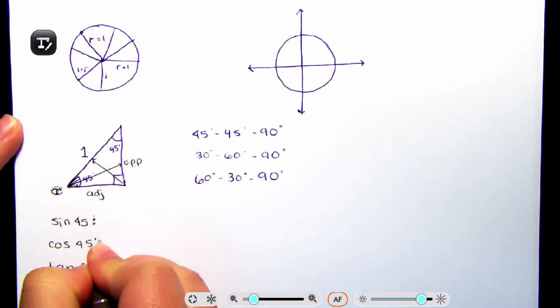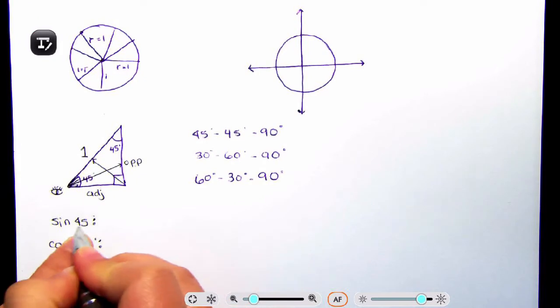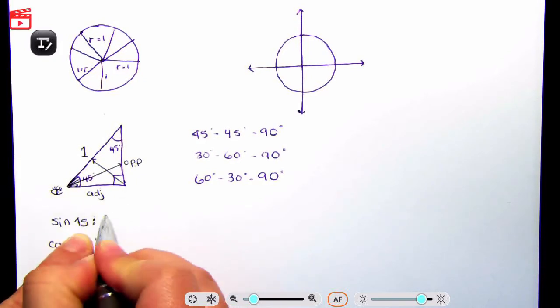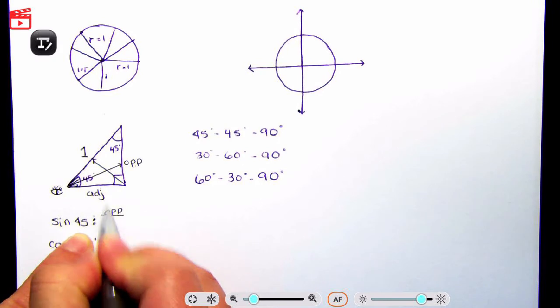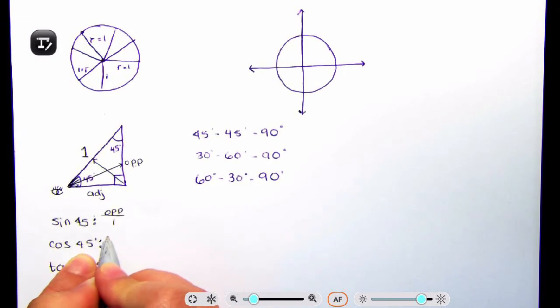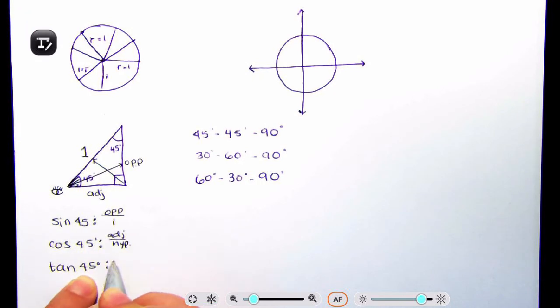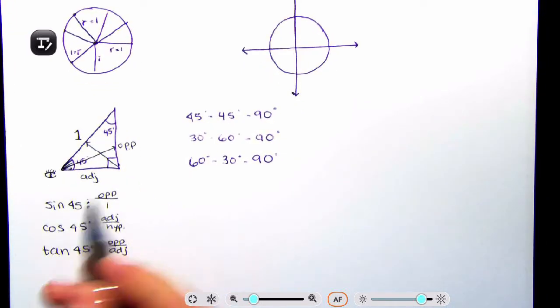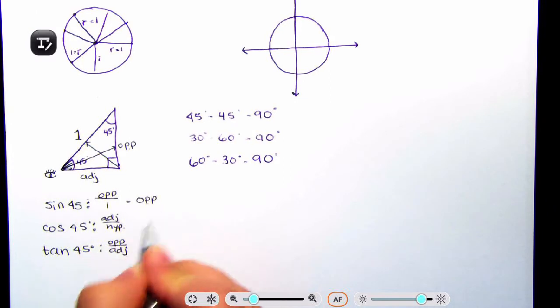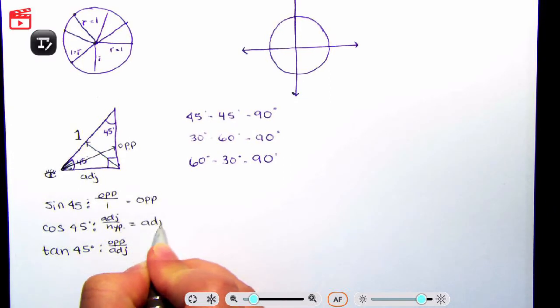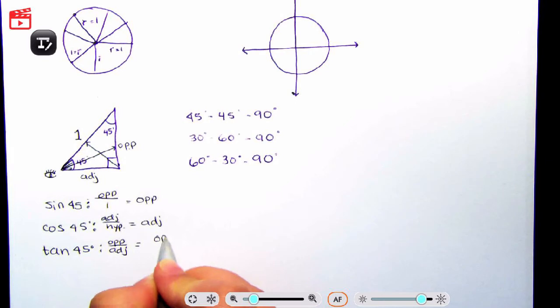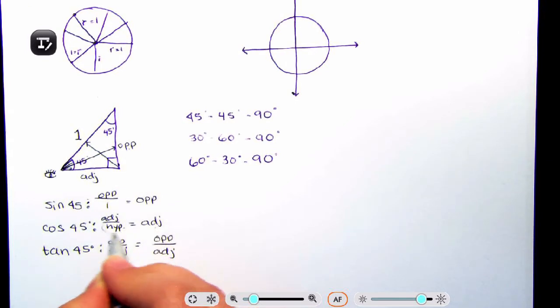So, SOH CAH TOA. Sine means opposite over hypotenuse. Cosine is adjacent over hypotenuse. And tangent is opposite over adjacent. So what you notice is sine of 45 degrees is just the opposite value. Cosine is just the adjacent value. And tangent is the actual ratio of opposite over adjacent. And the reason sine is just opposite and cosine is just adjacent is because of our hypotenuse being 1.